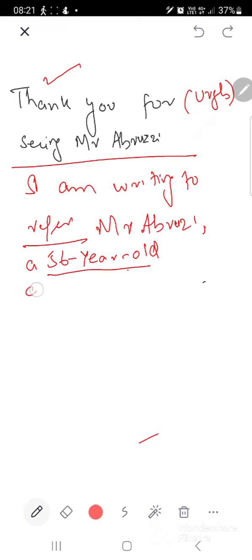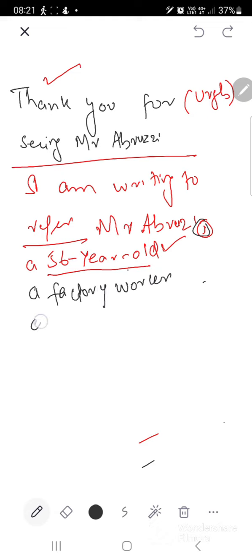If you write it like 56 years old, it's grammatically wrong. Why? Because with a you cannot use s. So the right approach is this one: a 56-year-old, with hyphens, right? Put a comma after 56-year-old, or else you can cover the profession over here, maybe a factory worker, if it's important, or maybe an accountant.